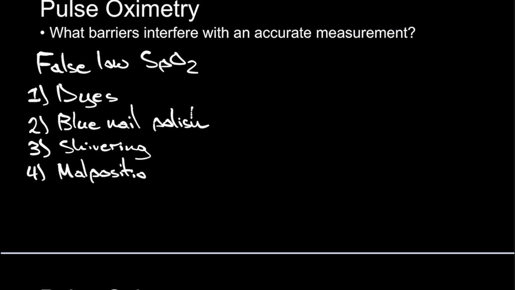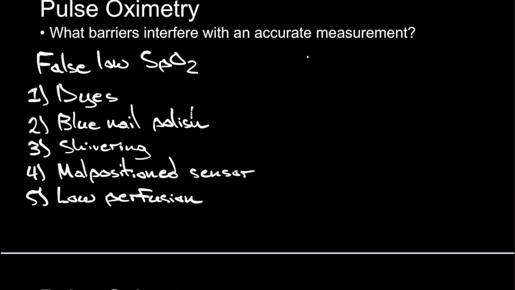So if the pulse oximeter is falling off of the hand, probably the first thing you want to check if you have a low SpO2 reading, especially if you see an abnormal waveform. And then low perfusion. So perhaps someone is in heart failure, they have a low cardiac output state. They might have proper hemoglobin saturation, but you'll get a low reading on that just because of the low perfusion.